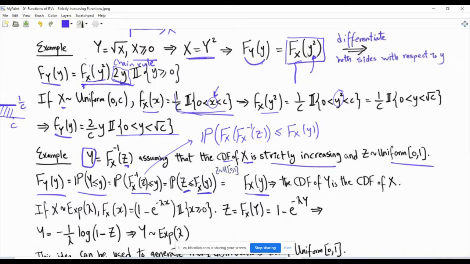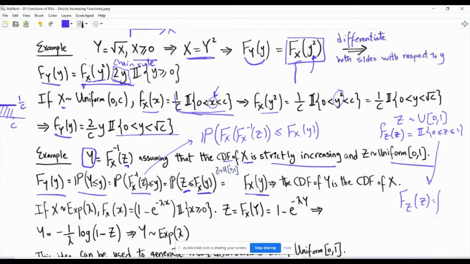Why? Because what is Z? So Z is uniform 0, 1. Okay, and so what is the PDF of Z? The PDF of Z is the indicator 0, 1. Okay, so it is 1 between 0 and 1, 0 elsewhere. And what is the CDF of Z?